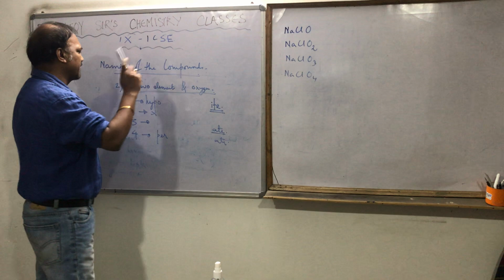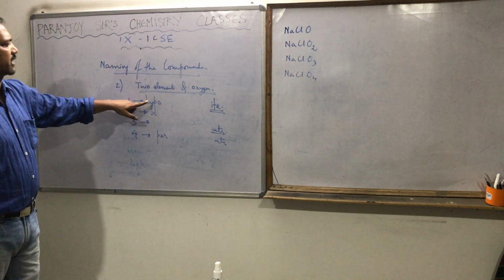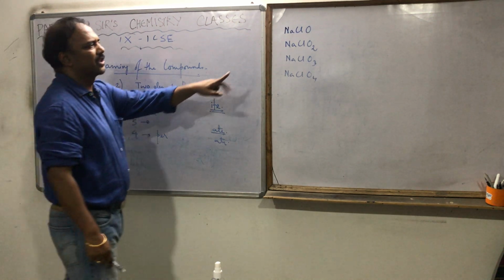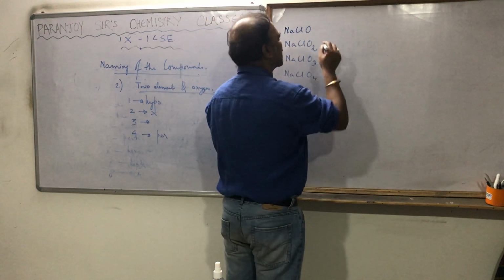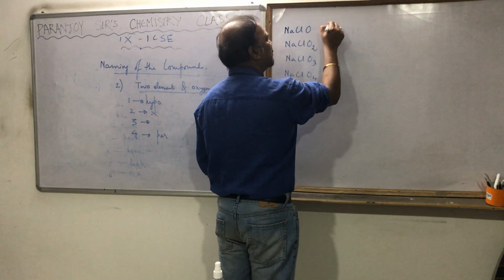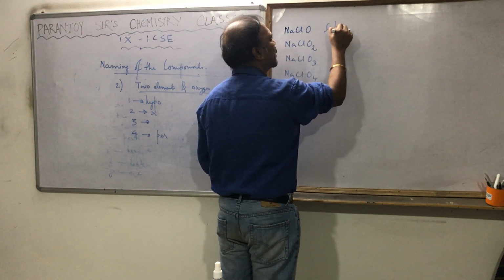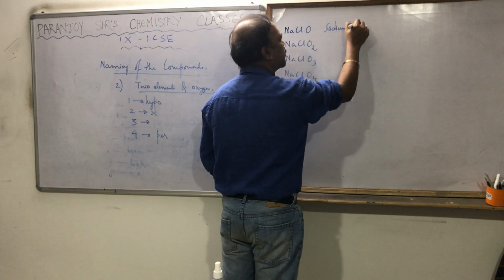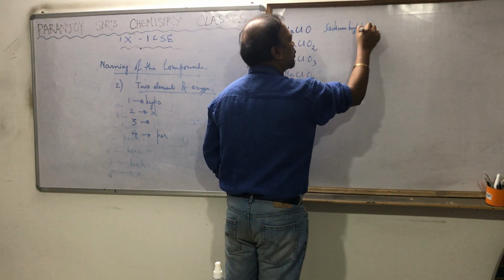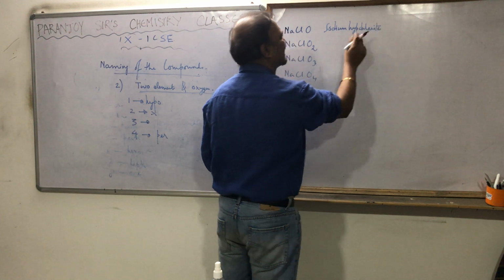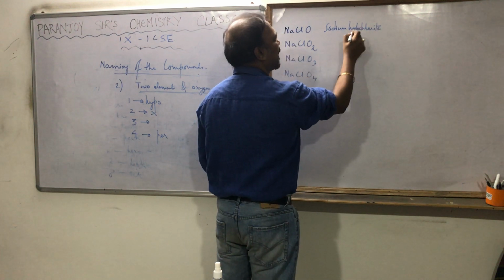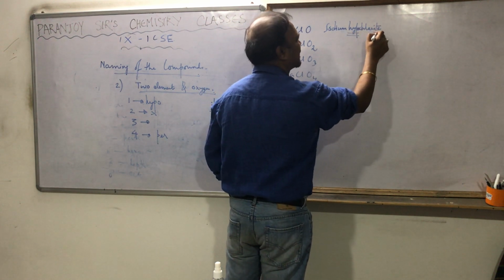Now what did I say? If there is one oxygen atom, we write it hypo and ITE. So the name of this will be sodium hypochlorite. Hypo and ITE.